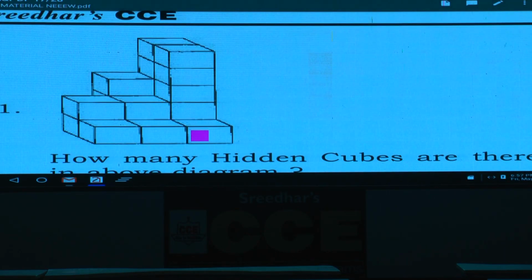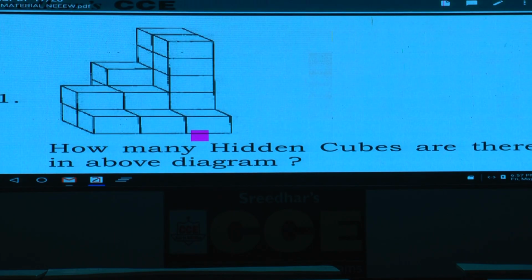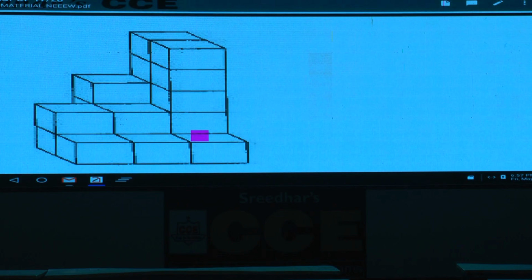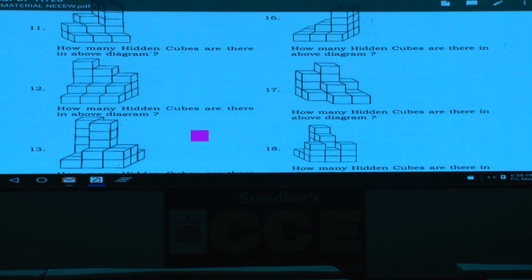Eleventh one. Eleventh one completed. Then 12th one.